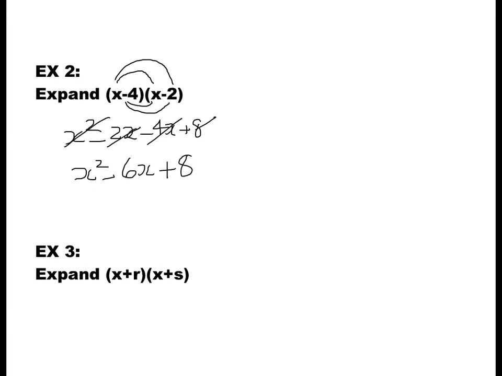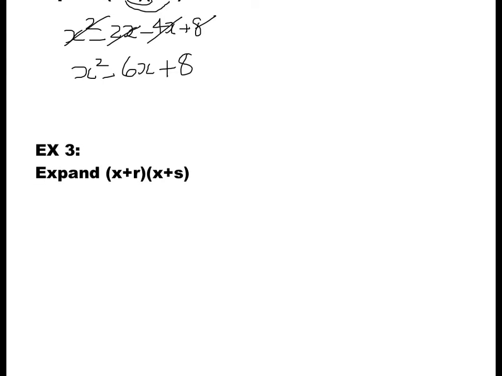Now we are going to do a general product of two polynomials, x plus r times x plus s. Again, we are going to do the same technique. x times x gives me x², x times s gives me sx, r times x gives me rx, r times s gives me rs.